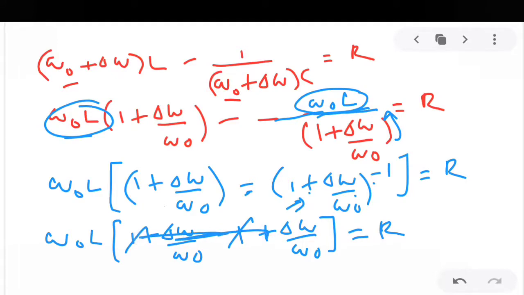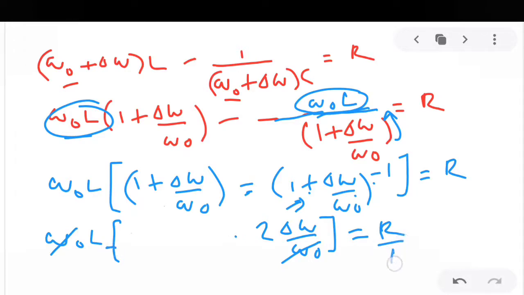So this 1 gets cancelled, so omega naught into delta omega by omega naught plus delta omega by omega naught, so this becomes 2 delta omega by omega naught. So this omega naught gets cancelled. So we have 2 delta omega, L goes to this side, so 2 delta omega is equal to R by L. Now what is quality factor?